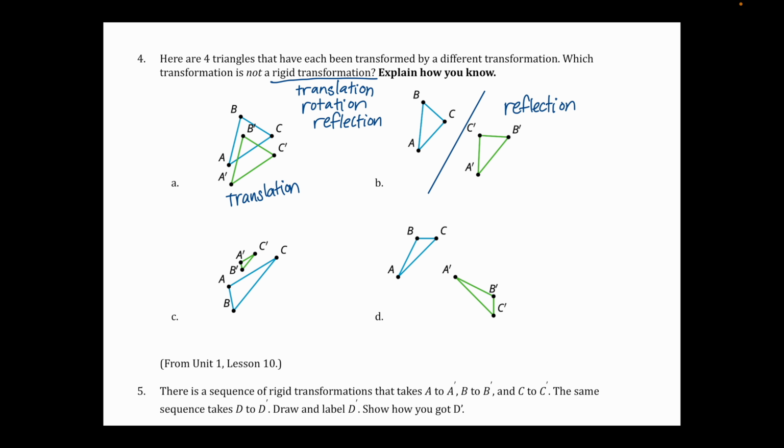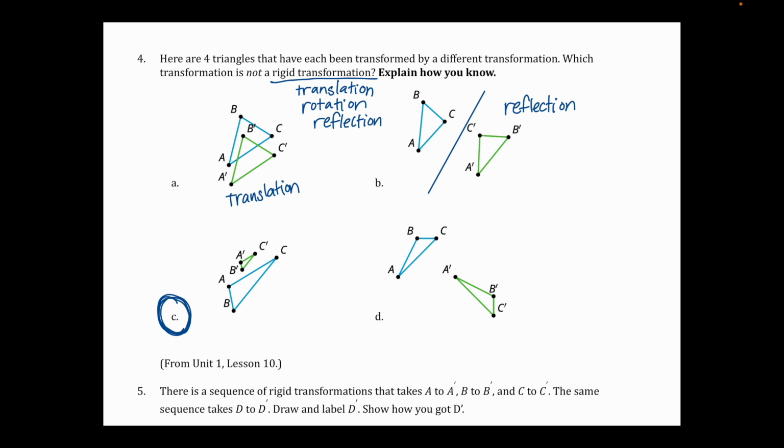C, well, it's not a translation. It's not a reflection. It's not a rotation. This one would be called a dilation, but we can actually say that this is our answer. This is not a rigid transformation. But we're going to confirm with D that this would be a rotation.